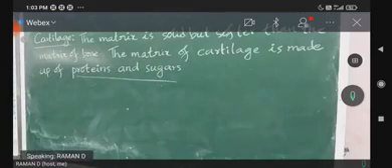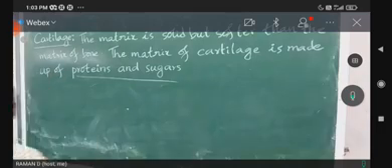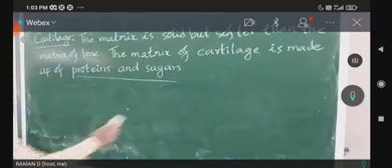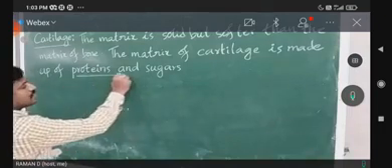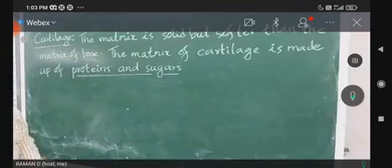Proteins and sugars make the matrix of cartilage. So the matrix is not as hard as the matrix of the bone.